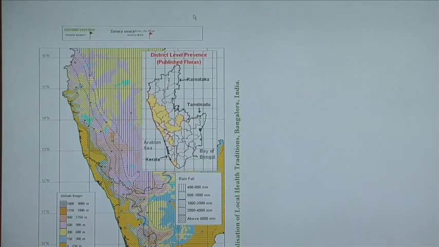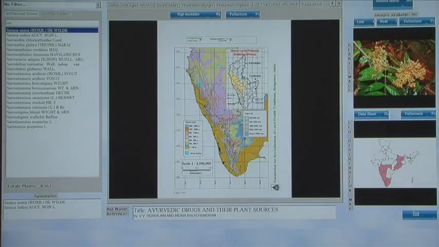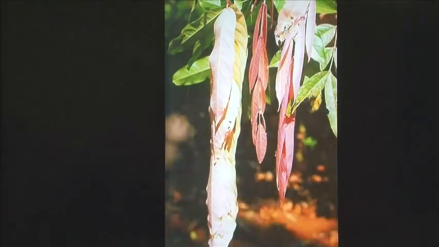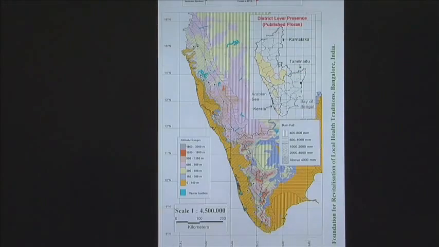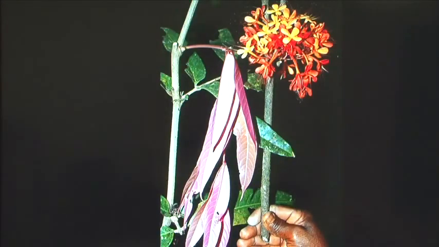Now, not only a comprehensive inventory of these medicinal plant resources, it also incorporates detailed geographic distribution from the published sources, and some of the important species of conservation concern have been taken up for ecogeographic mapping, and such maps are also incorporated into this database.